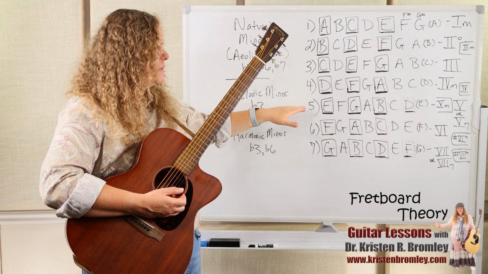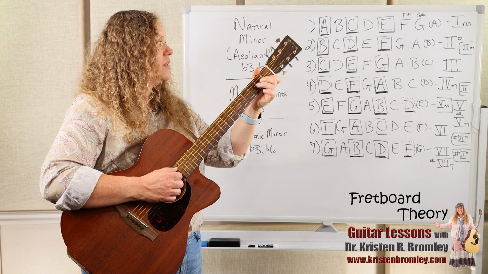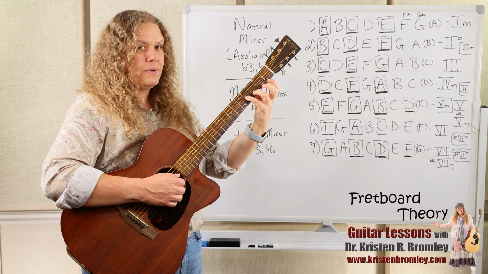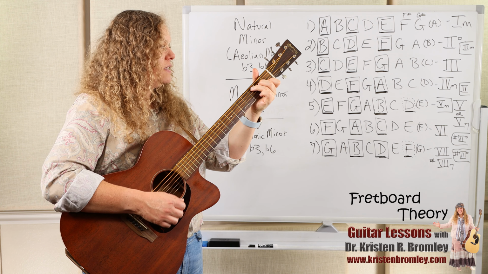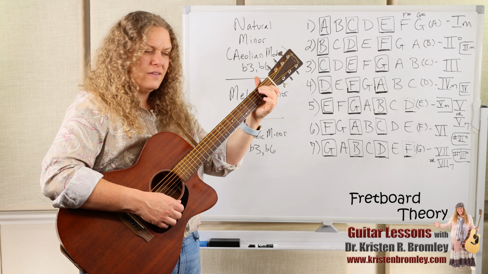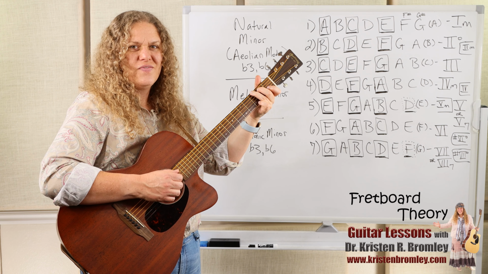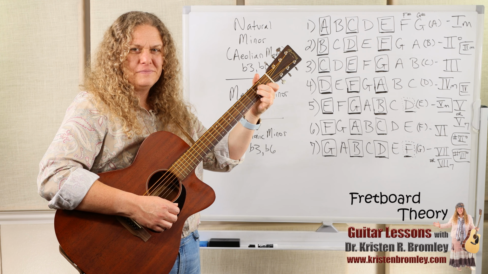I'm going to go through it again, but this time do the E or E7. That's the only one I'm going to change. So we'd have A minor, then we have the B diminished, C, D minor, E or E7, and then we have F, G, and A minor.